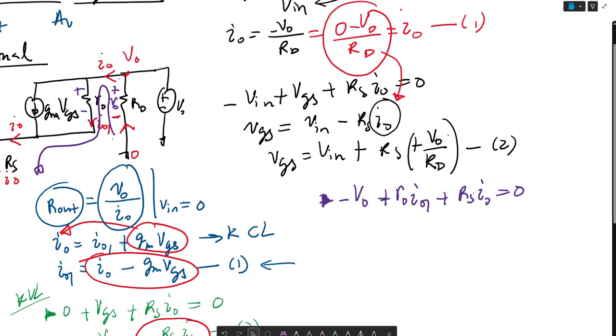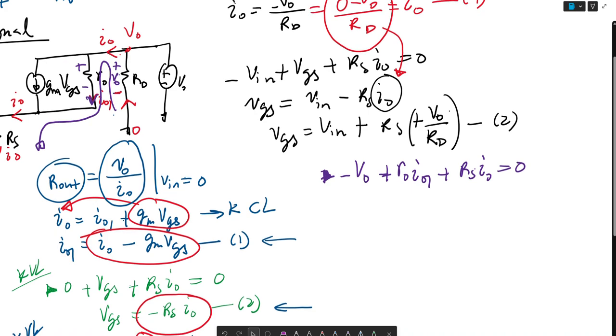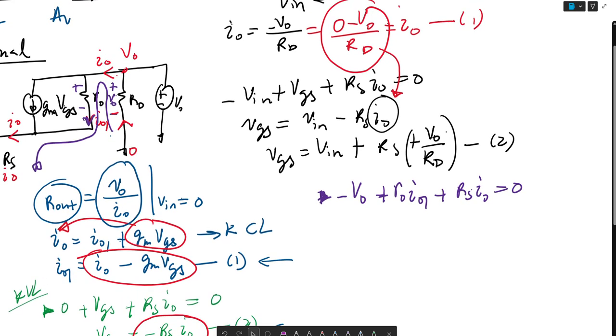And we can consider that this IO1, because there's IO1 here, is equal to IO minus gm VGS. So we could just go ahead and plug this in again here.